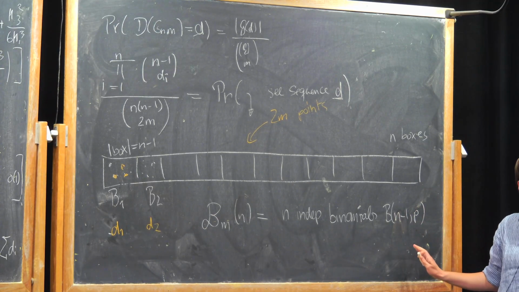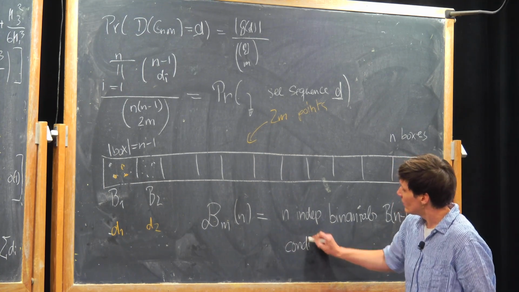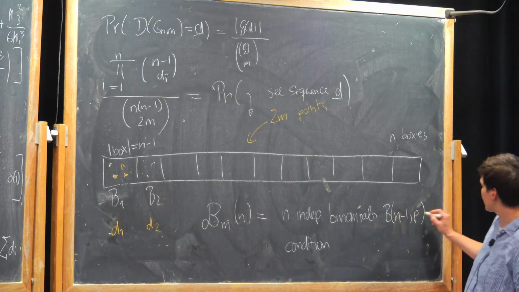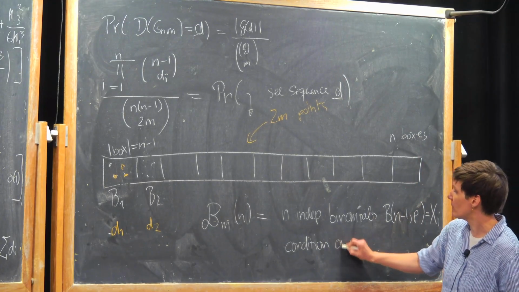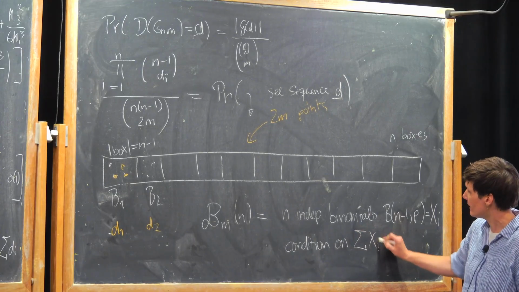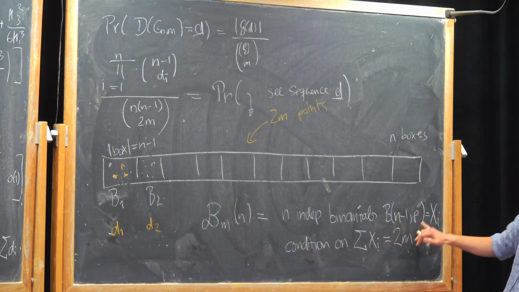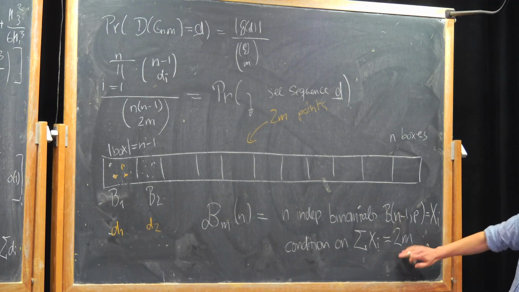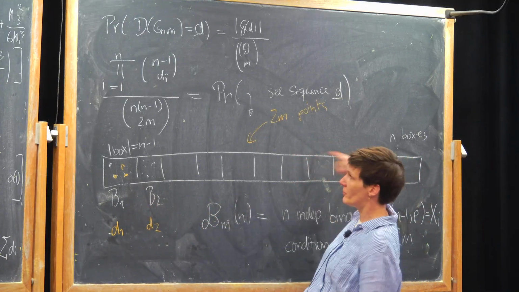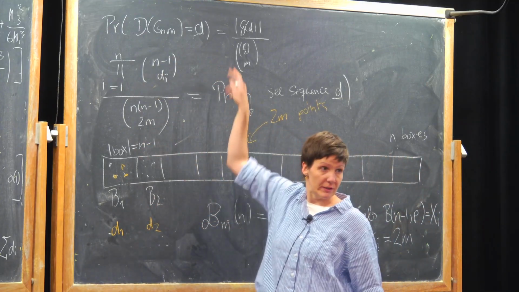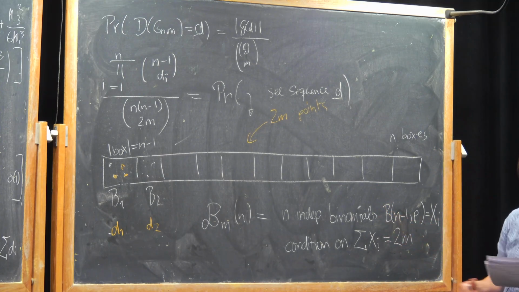It doesn't matter which p, take 1/2, whatever you want. Let's call them xi, and you condition on the sum of the xi being equal to 2m. If you condition on that sum, the p vanishes again. And the probability in that model that you see the sequence d1, d2, up to dn is exactly this probability. There are two ways to describe this model. Take whichever one you prefer.